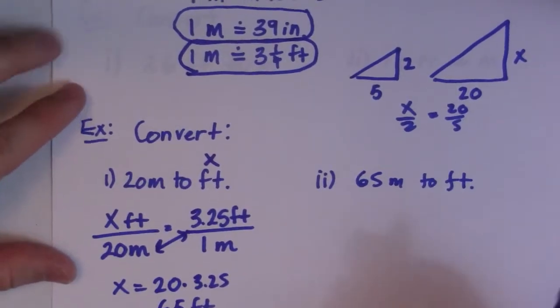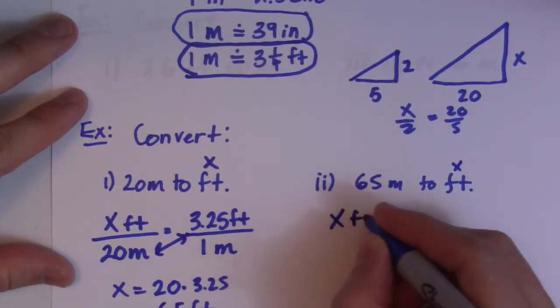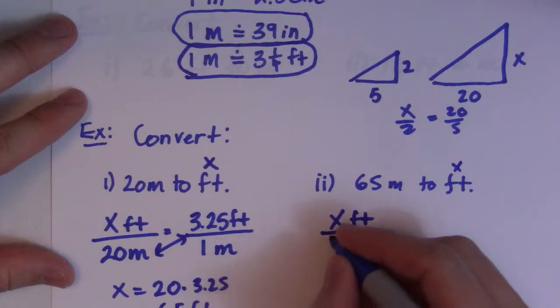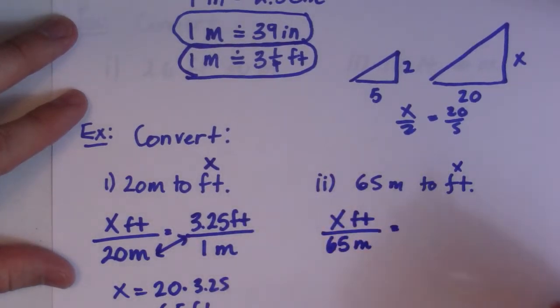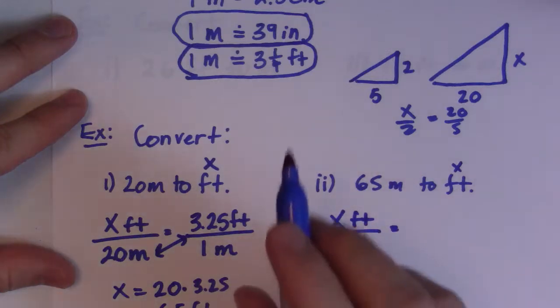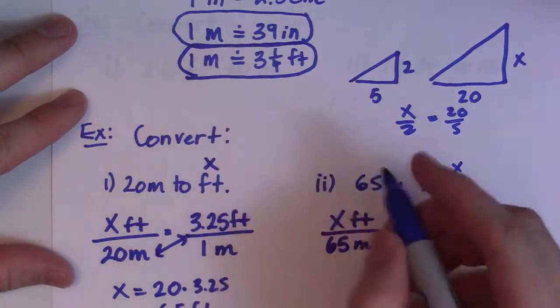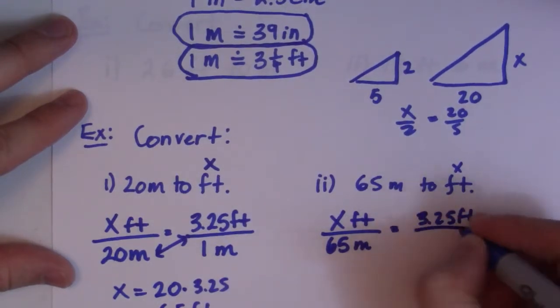It's the same process. I'm looking for feet, so that's going to go on top, x feet, over 65 meters. And I can use my conversion factor, which is 1 meter is equal to 3.25 feet, so 3.25 feet over 1 meter.